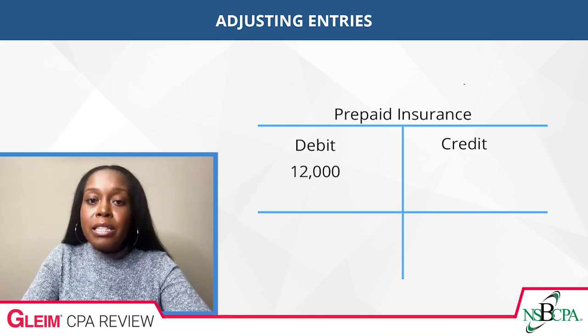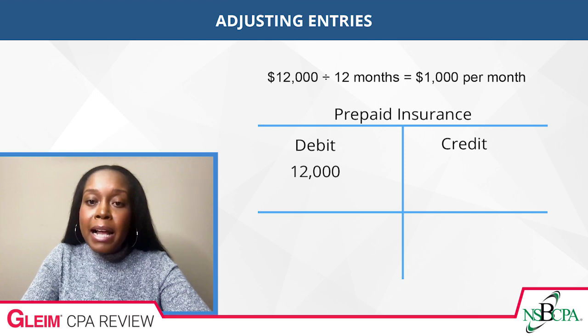Another adjustment we need to make is for prepaid insurance. Remember, we paid for a $12,000 policy this month. If the $12,000 policy covered 12 months, that means the insurance cost per month is $1,000. At the end of January, we have now used up 1 month worth of that policy.